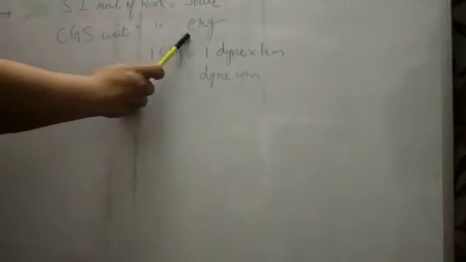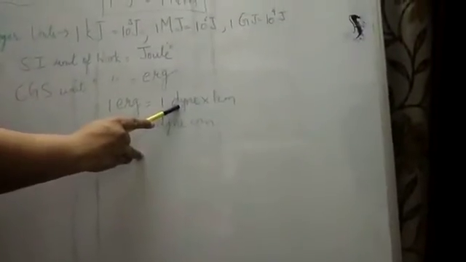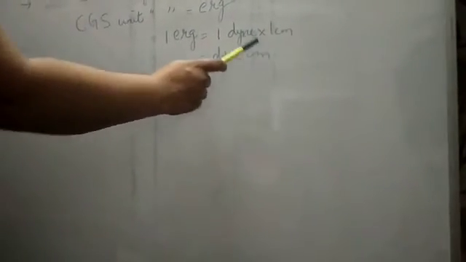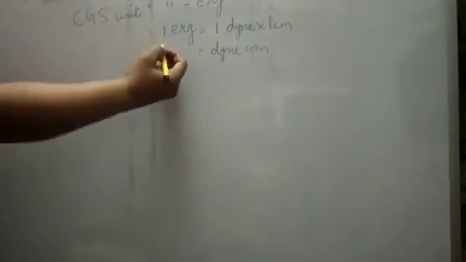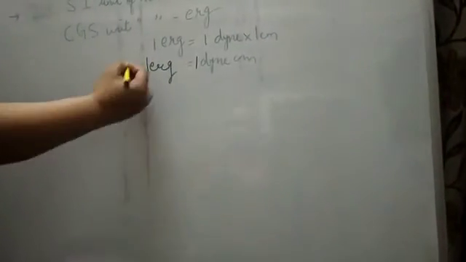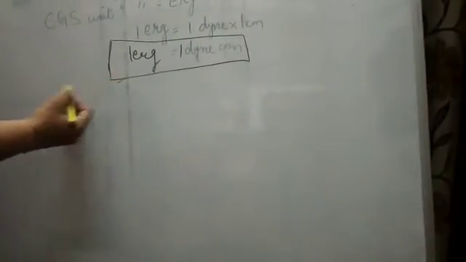Now 1 erg is equal to, as the CGS unit of force is dyne and the CGS unit of displacement is centimeter, 1 erg is equal to 1 dyne centimeter. You have to learn these things, you have to keep them in your mind to solve the numerical part. Understood?